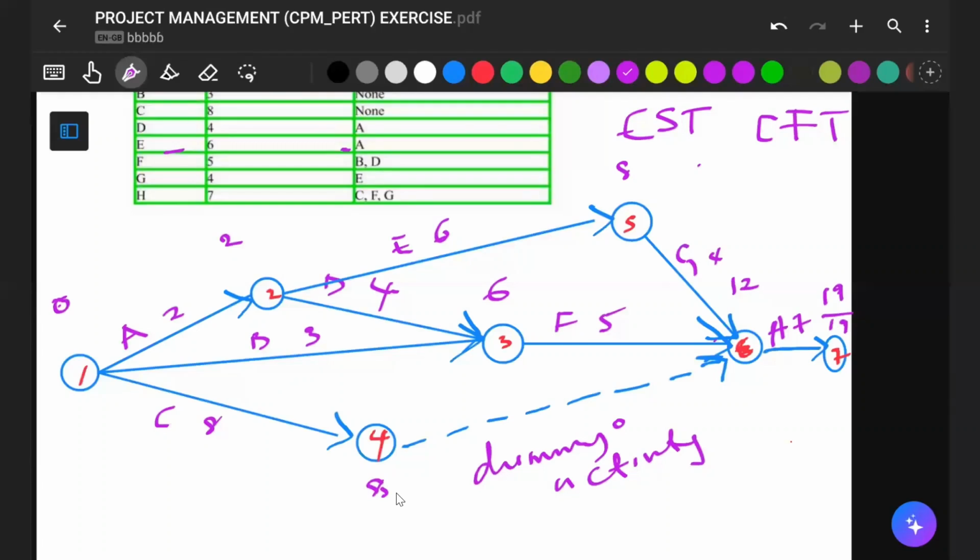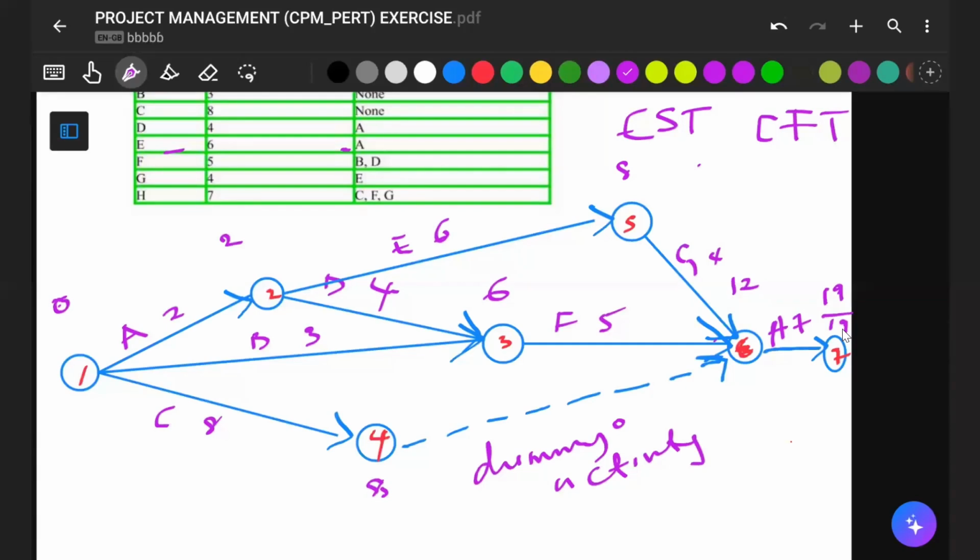By convention, the start is always 0, and the last earliest time automatically becomes the first latest time. So it is 19 over 19. You don't even need to ask yourself anything. You get to this point in the exam, you just do it the way I've shown you.